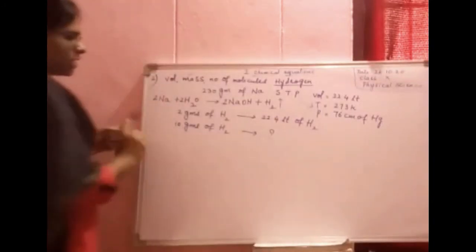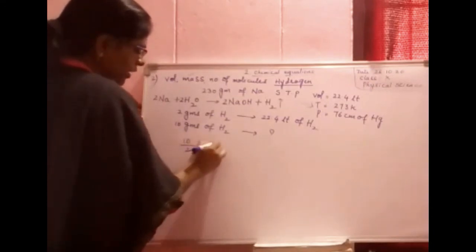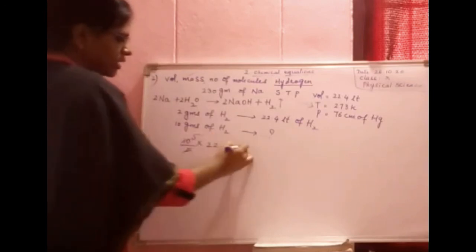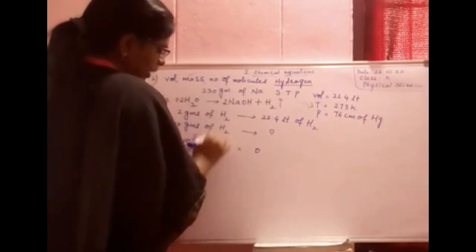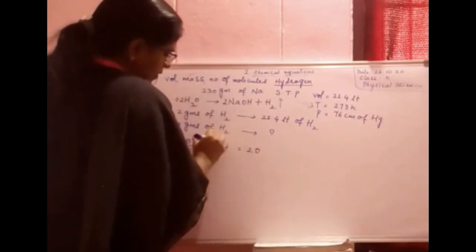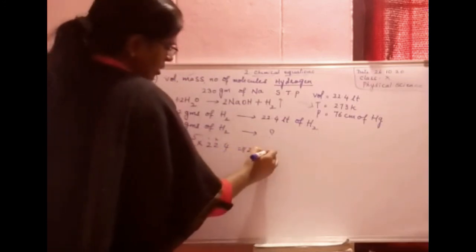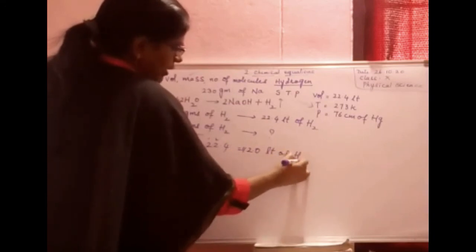Look at that, children. 10 by 2 into 22.4. 2 5s are 10. Now multiply: 5 4s 20, 5 2s 10 plus 2, 12, 10 plus 1, which gives 112 liters of hydrogen.